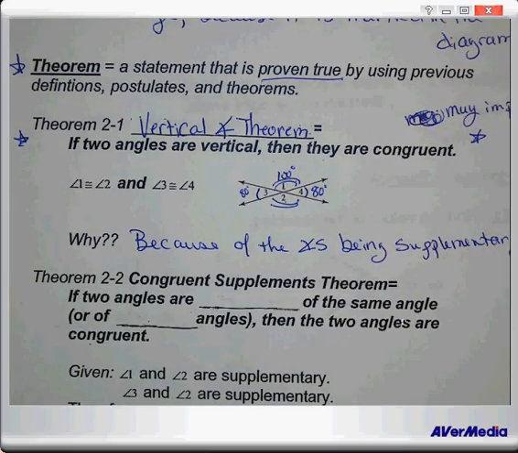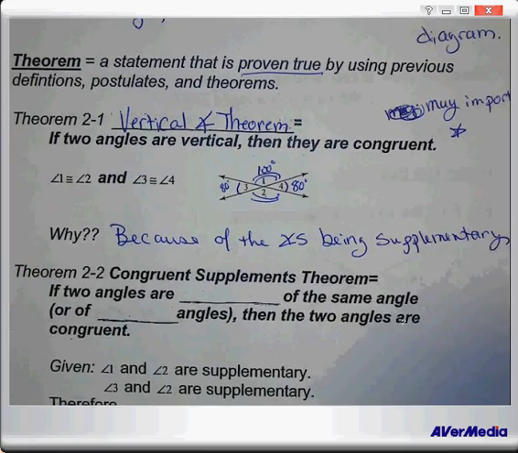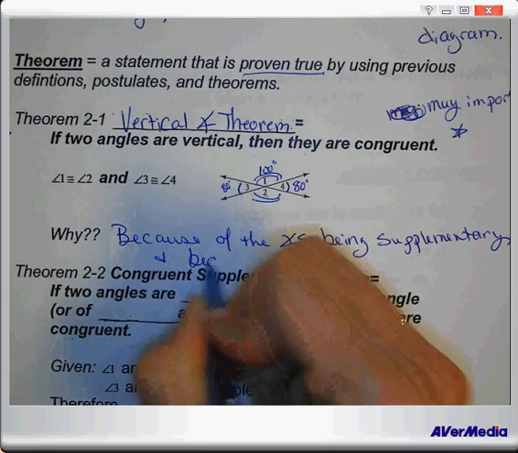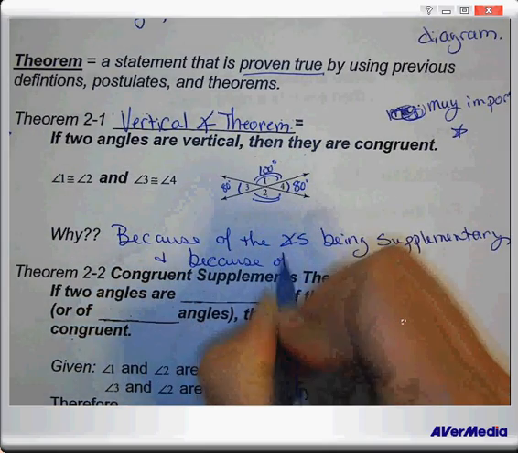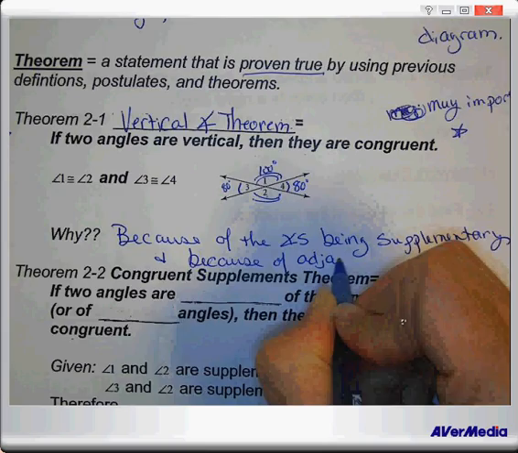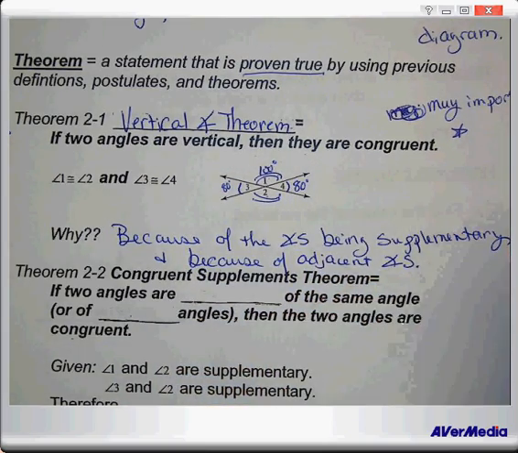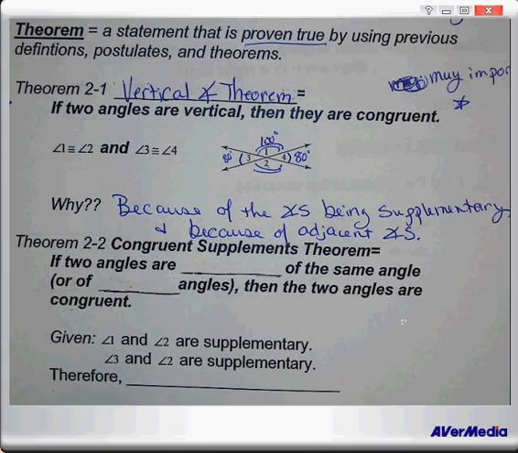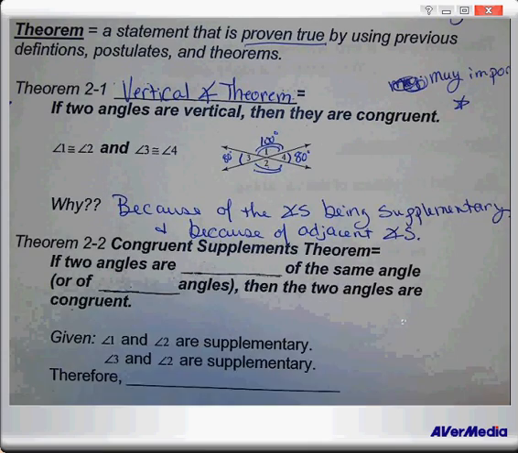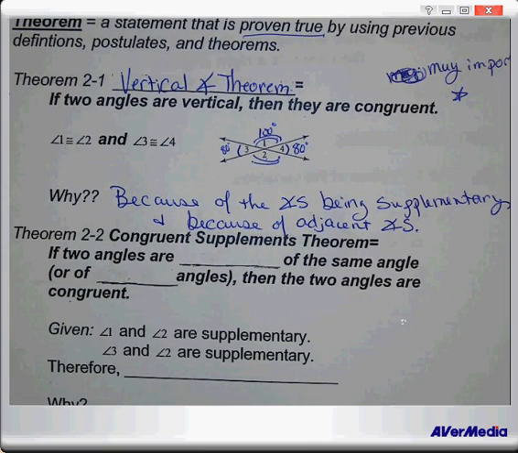So that's really because they're being supplementary and because of adjacent angles. So this is actually critical, and we're going to always get to the point where we start looking for this. Anytime you have two lines intersecting, you just start looking for vertical angles, because a lot of times that will help us.